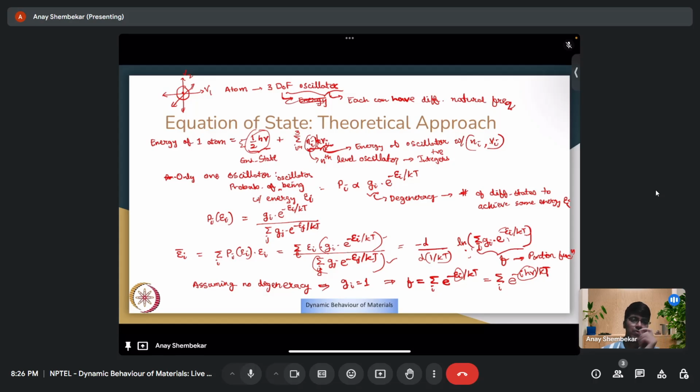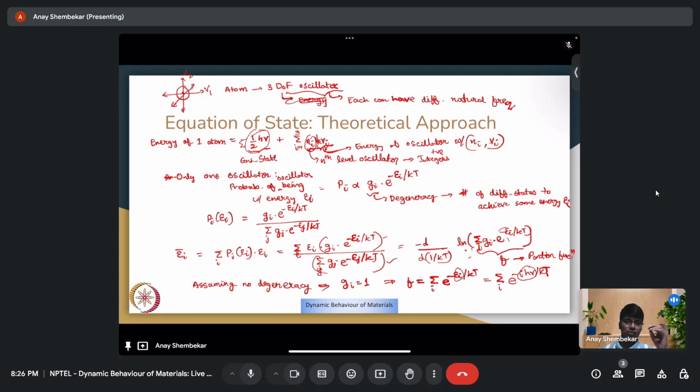So the reason we are interested in the probability distribution is because you have so many atoms. Eventually, once we sum up the energy of all those oscillators, the three oscillators acting within each atom, they will eventually saturate to a mean. So that is why we are interested in the probability distribution.